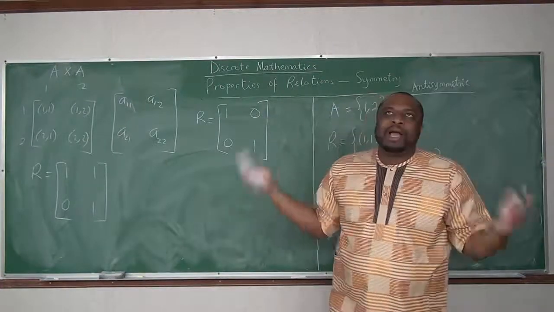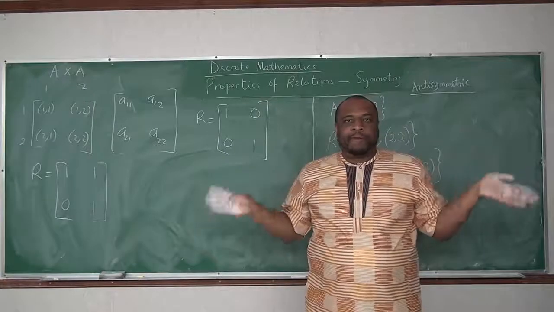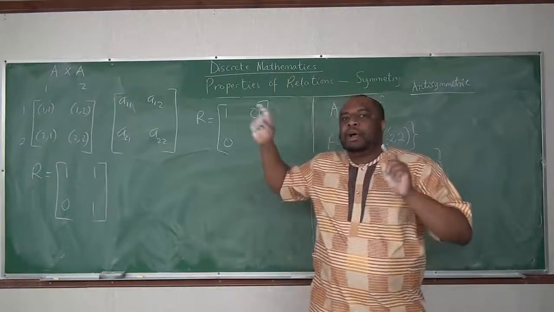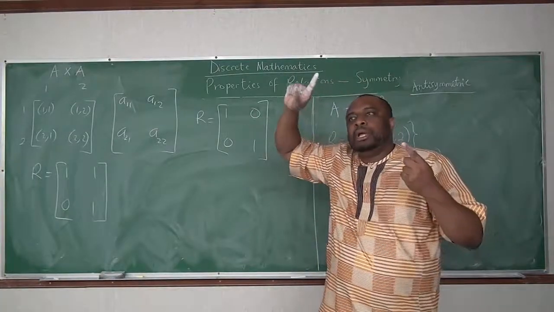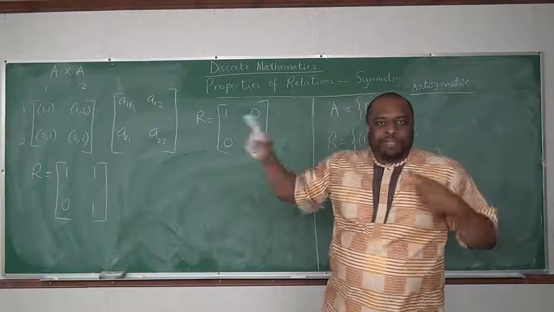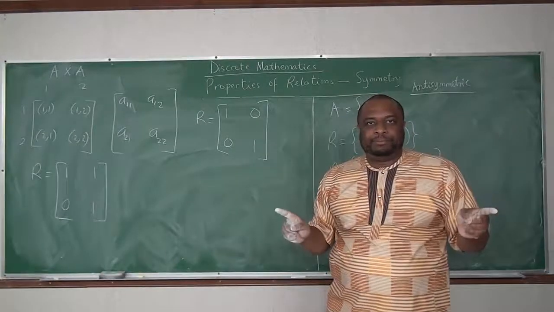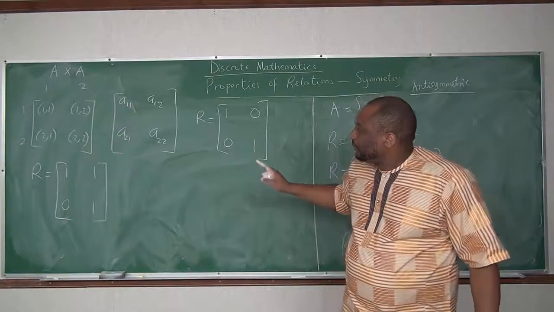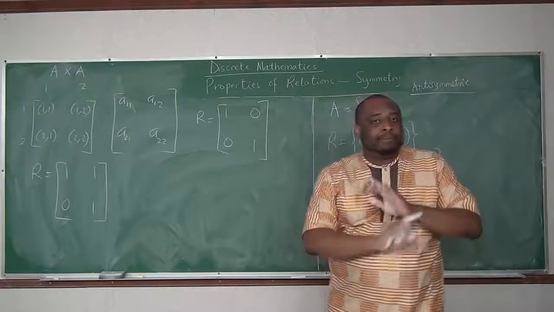Now, if you have 1, 1, 2, 2 elements along the principal diagonal, fine. If you don't have it, no problem. But the main thing is, for the other elements, if you have A12 and A21, both of them cannot be there, because 1 is not equal to 2. If you have neither, fine.